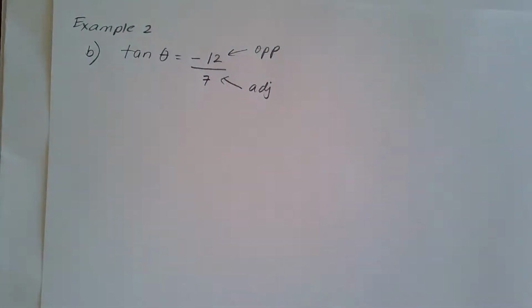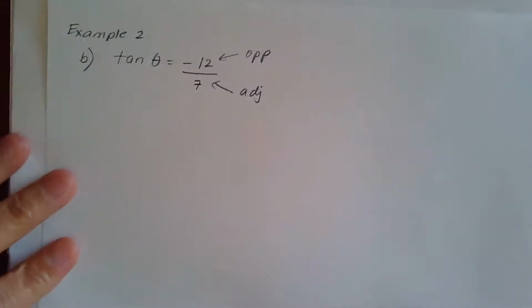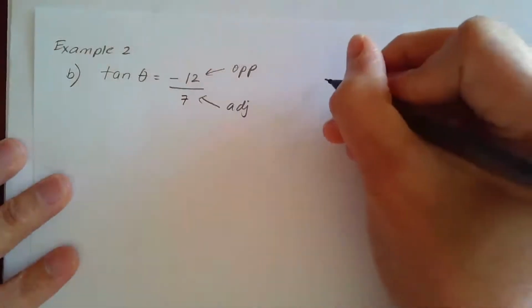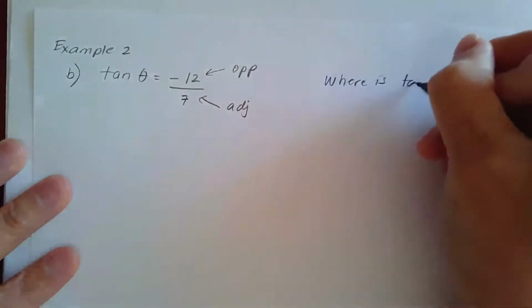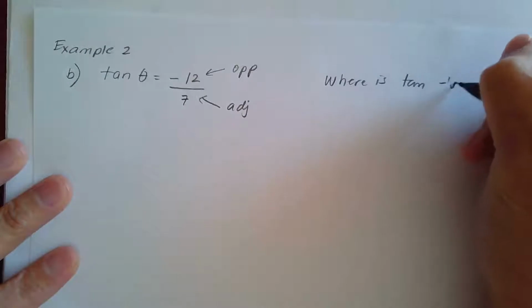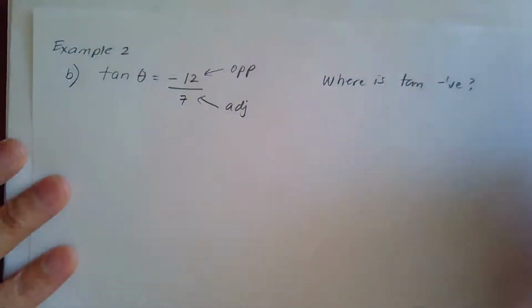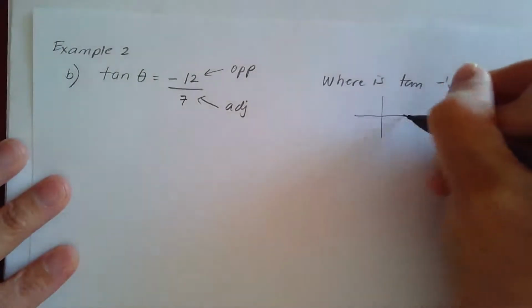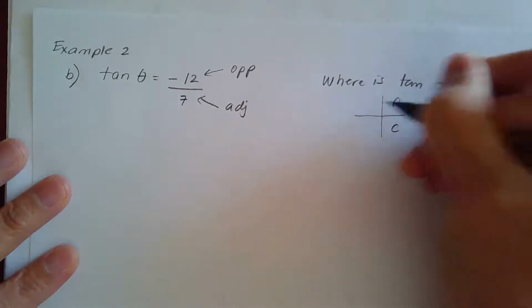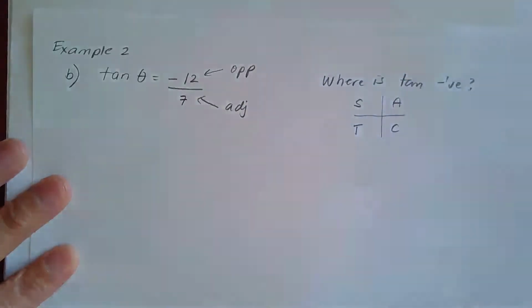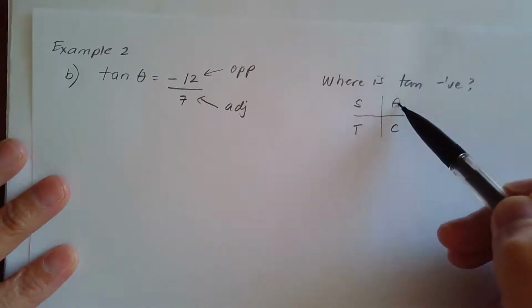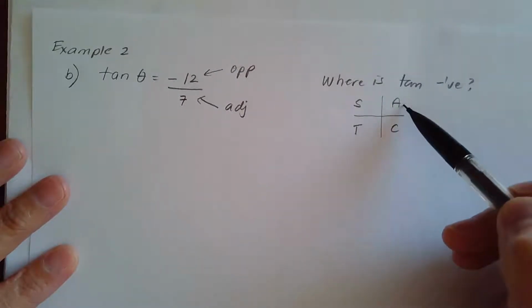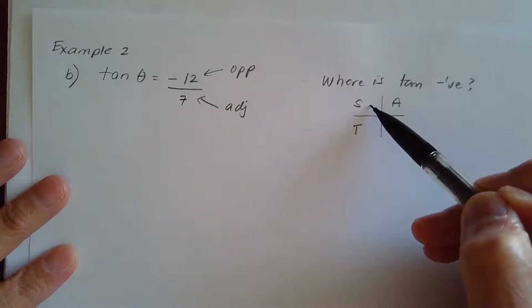And then let's see if we can figure this out. The question is, where is tangent negative? So if we do the CAST, C-A-S-T, that means A in quadrant 1, all trig ratios are positive. Sine is positive here.